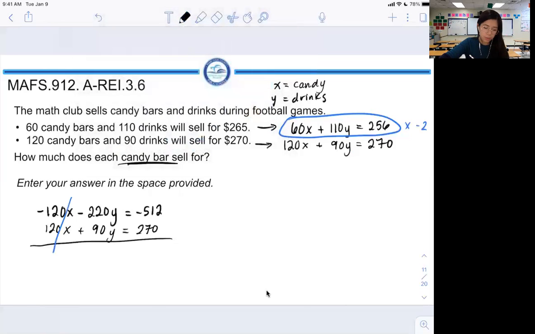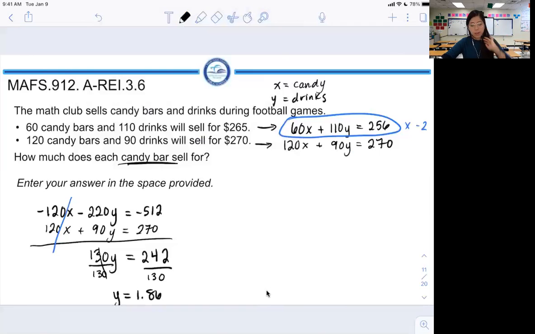So -220 plus 90 is 130. And -512 plus 270 is 242. And when I divide both sides by 130, I get y equals 1.86.